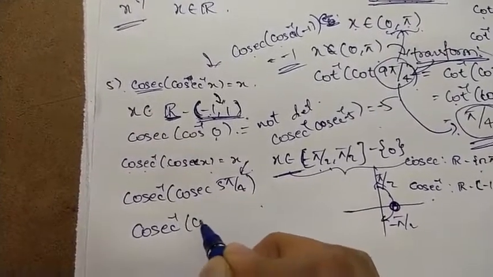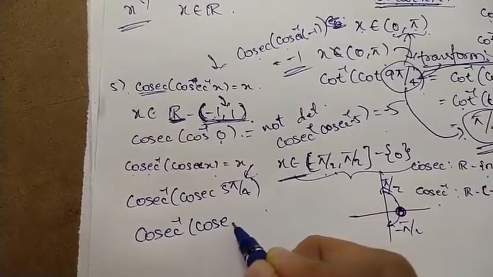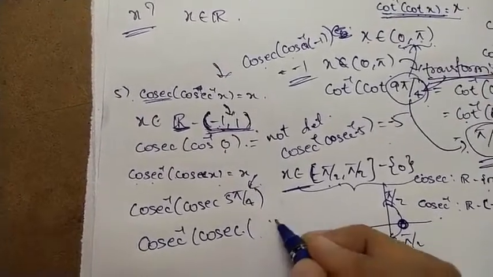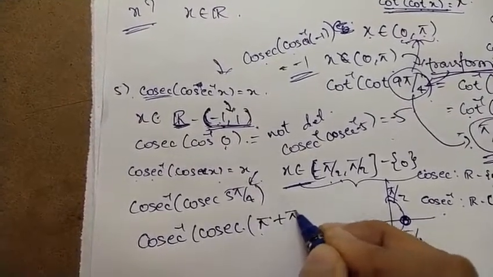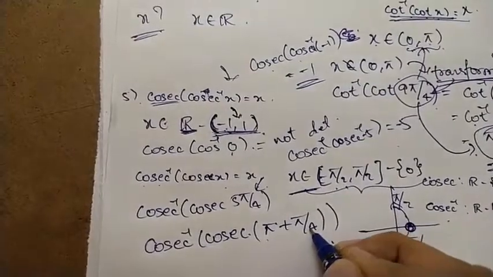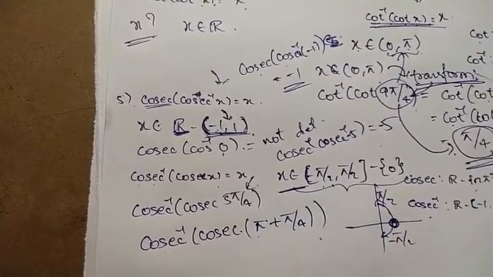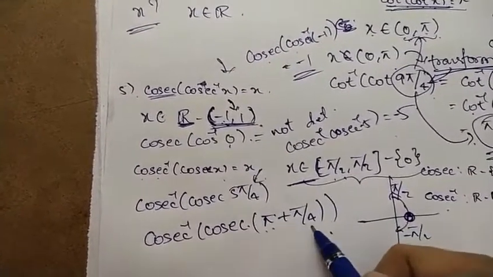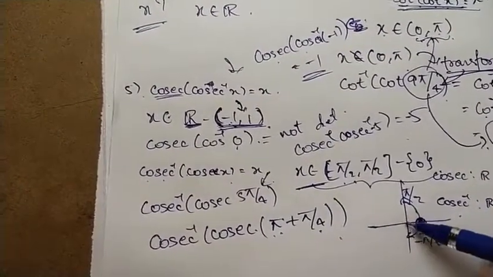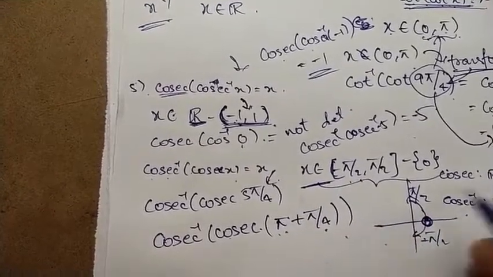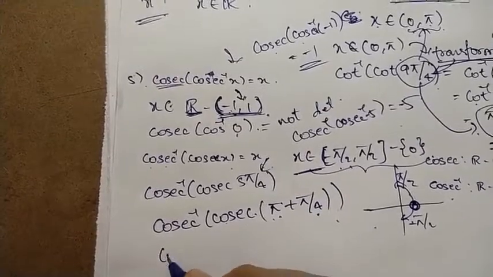So how are we dealing with it? Cosecant inverse of cosecant, I can write 5 pi by 4 as pi plus pi by 4. So pi plus pi by 4 means 4 pi plus 5, it is nothing but 5 pi by 4. So pi plus pi by 4, which quadrant does it lie in? It lies in the third quadrant. So the cosecant function in the third quadrant is negative.